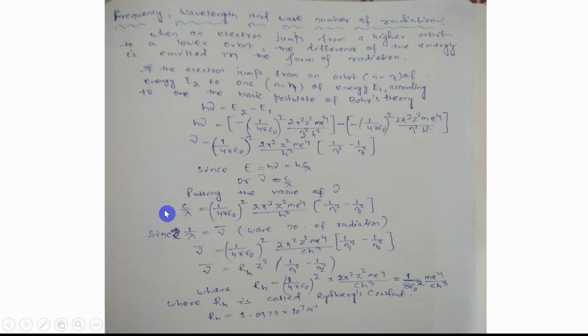we can get c by lambda equal to 1 by 4 pi epsilon naught whole square, 2 pi square Z square m e fourth by h cube, into 1 by n1 square minus 1 by n2 square. Dividing by c on the right side, we get 1 by lambda, and this 1 by lambda equal to nu bar is nothing but the wave number of radiation.